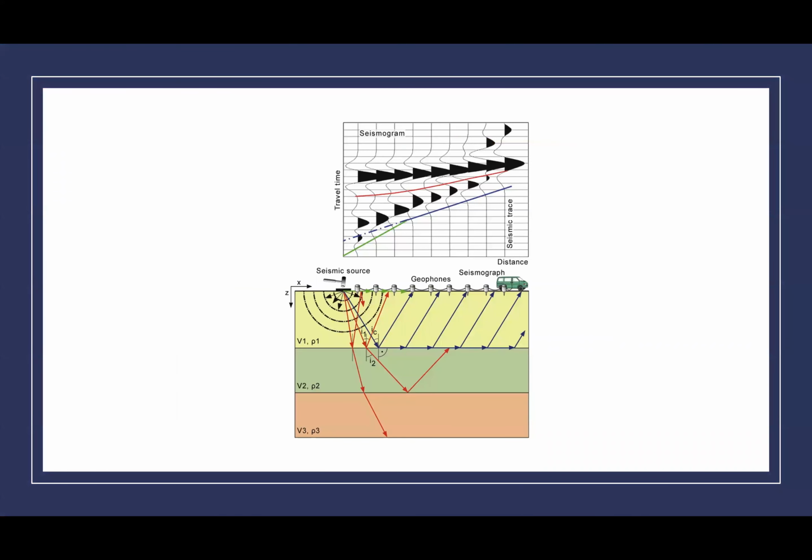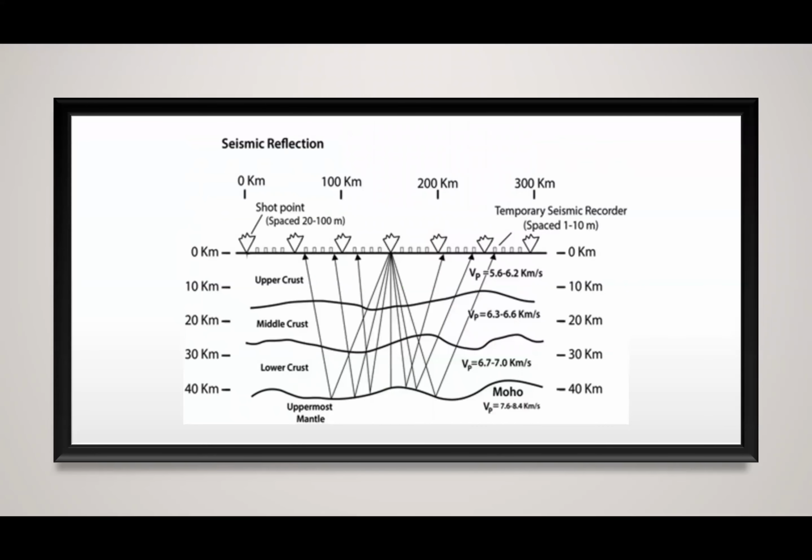Seismic reflection. Seismic reflection follows the law of mirror images. Angle of reflection from a surface is equal to the angle of incidence. Shots are fired in turn at each of the geophone positions, and active geophones are added ahead of the shots and taken up from behind the shot.